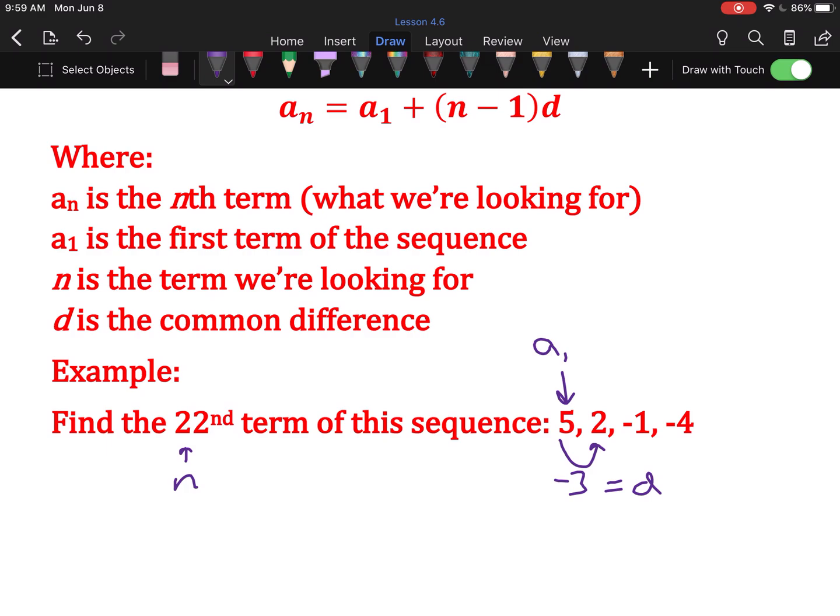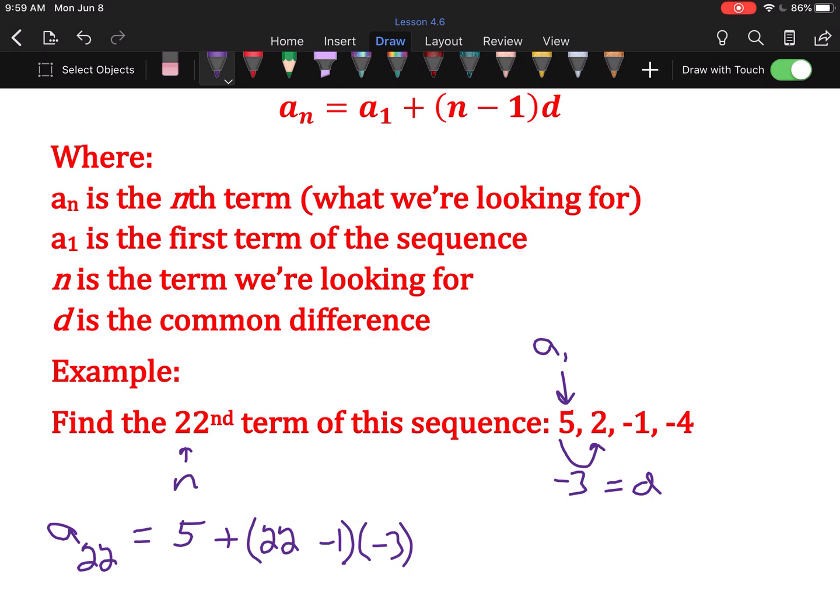I now have all the things I need. The 22nd term, a sub 22, is the first term, 5, plus the quantity of n, the term I'm looking for, 22, minus 1, times the common difference, negative 3.